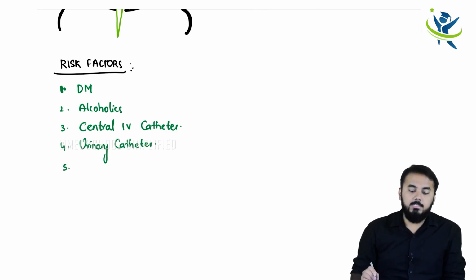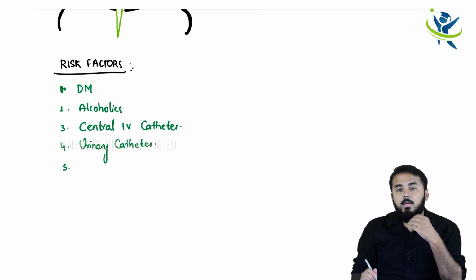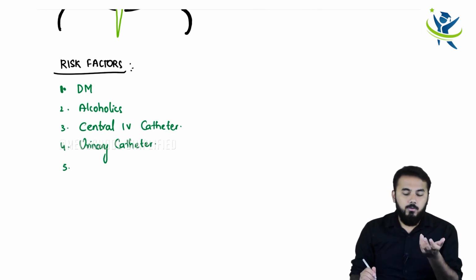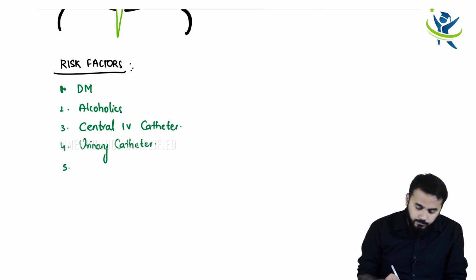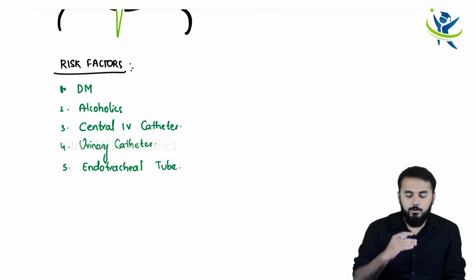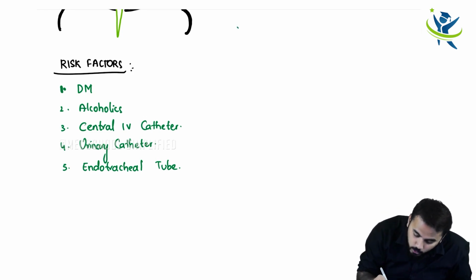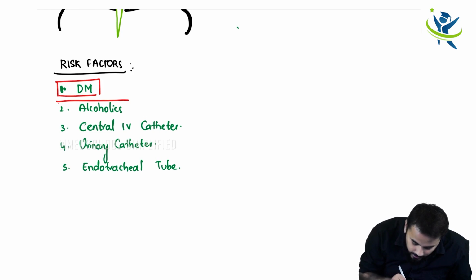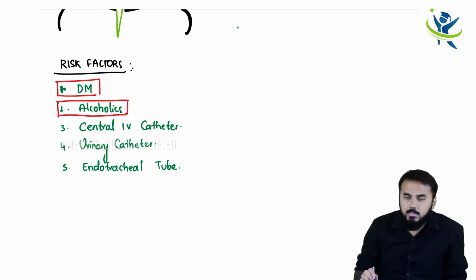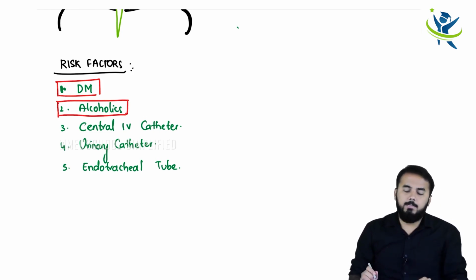And next, patients who have been intubated, when you put an endotracheal tube, even these patients are at high risk. If you ask me to highlight two important things, that will be diabetes mellitus and patients who are alcoholics. These two are the top priority risk factors.